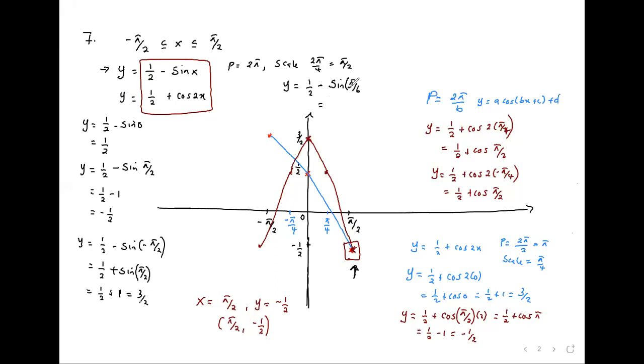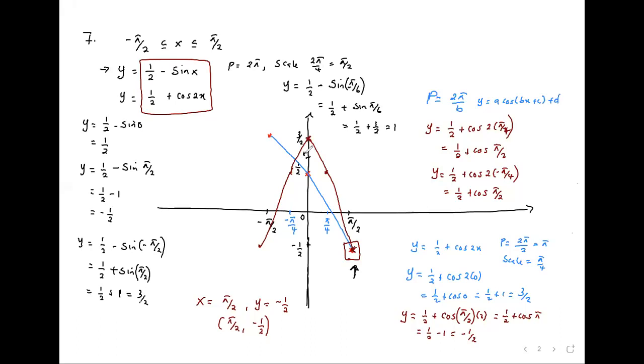Remember it's negative. So we have half plus sine pi over 6, meaning half plus half will get 1. So this must be 1.